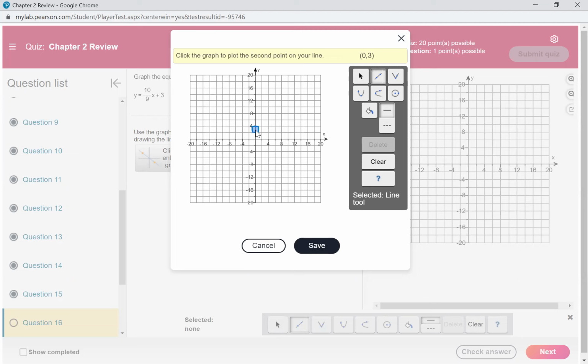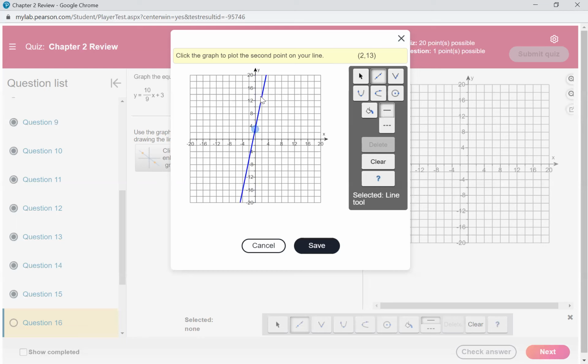Now, we're at 3 on the y-axis. They want me to use the slope, which is 10/9. That is a positive 10 on top. So starting at 3, you go up 10. So going up 10, that's going to put me at 13. And then the bottom number is a positive 9. So I'm going to go right 9.